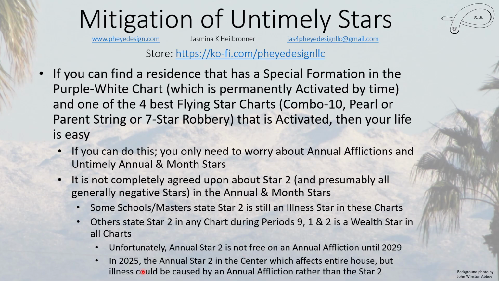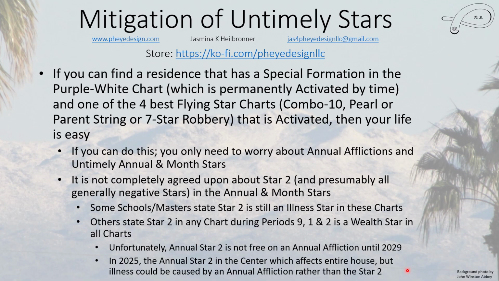In 2025, the annual star 2 was in the center, and of course the center doesn't have its own annual affliction, but the center does have its effects spread throughout the entire house. And if there is an illness, you don't know whether it's caused by star 2 or if you've activated an annual affliction rather than the star 2, because all annual afflictions can lead to illness.